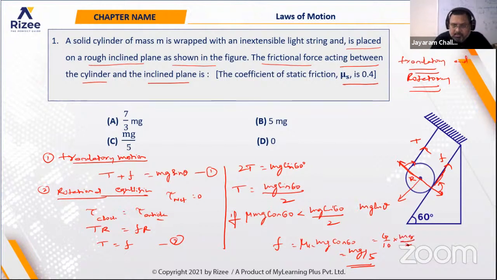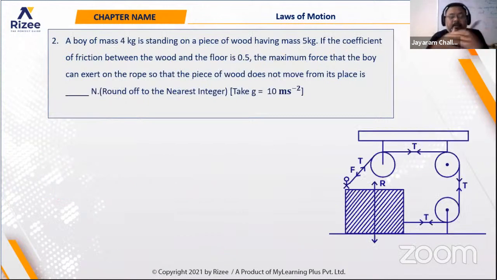Mu k is 0.4, and mu s needs to be provided in this case. The frictional force acting here is mg by 5, so it should be somewhere around 0.2. That is the precise option.